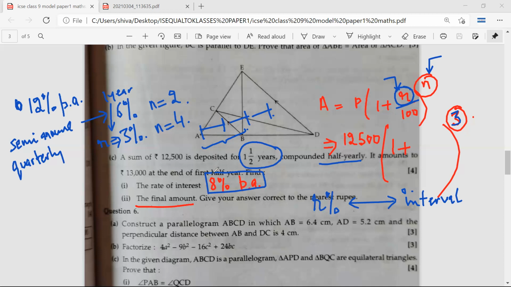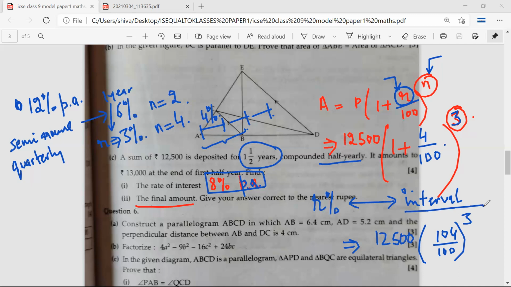So 8% annual, the semi-annual rate of interest would be 4%. Any doubt? No, sir. So it will be 12,500, 104 upon 100 raised to power 3.